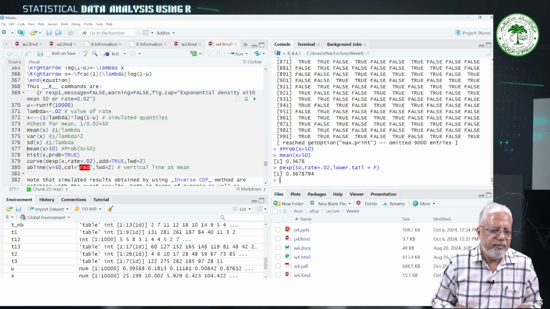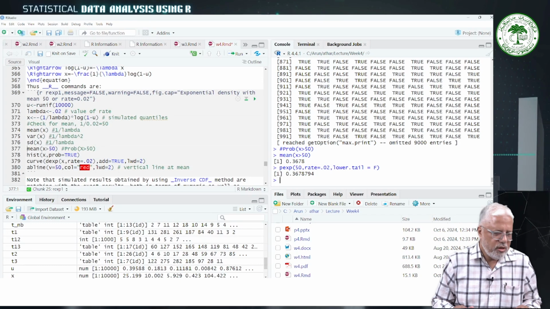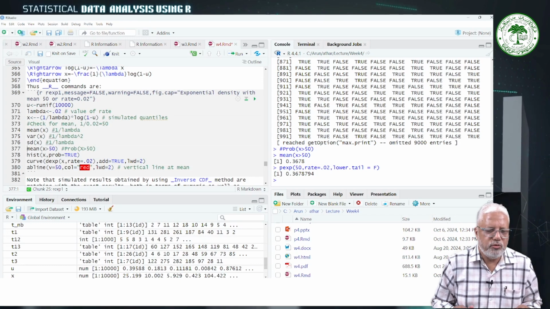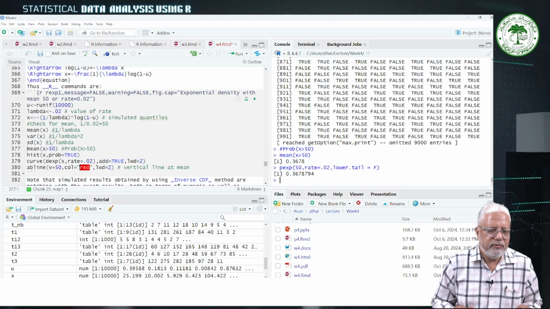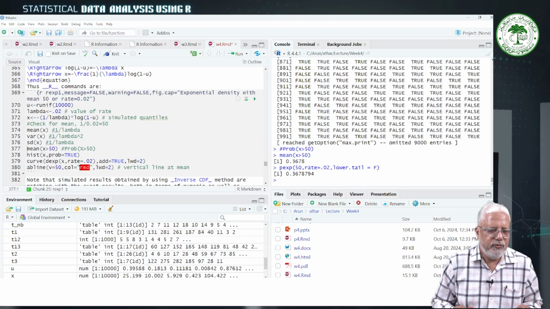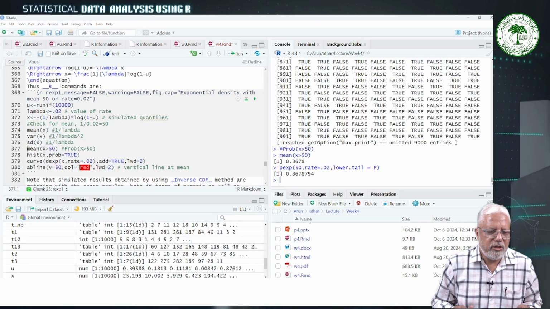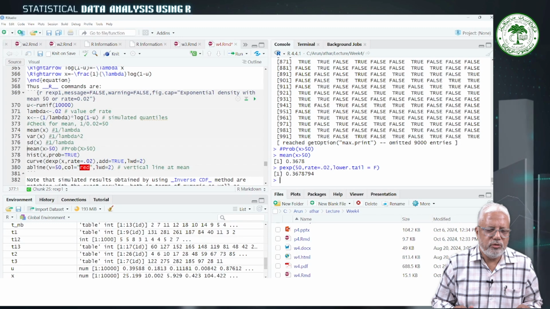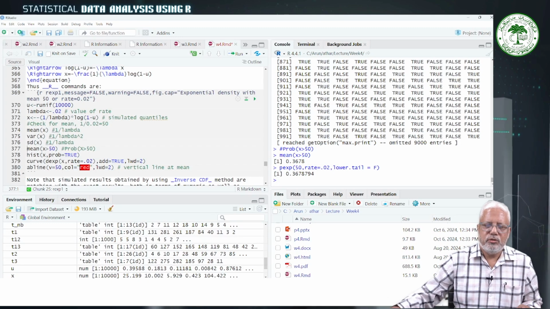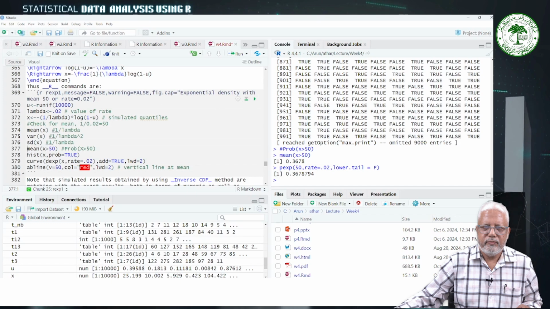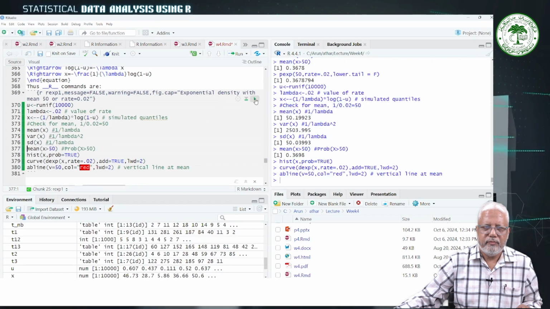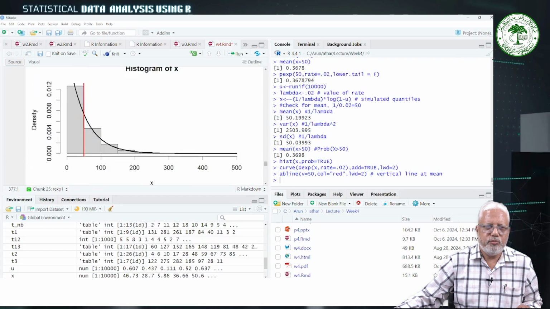Now here we are going to make a histogram on simulated data, and then we are going to add a curve dexp, rate is equal to 0.02, add is equal to TRUE, lwd is equal to 2, and we are going to add a line at v is equal to 50, vertical line at 50, color is equal to red, and lwd is equal to 2. So when we run this command, this is the output.